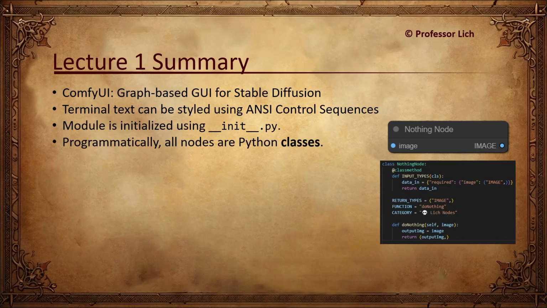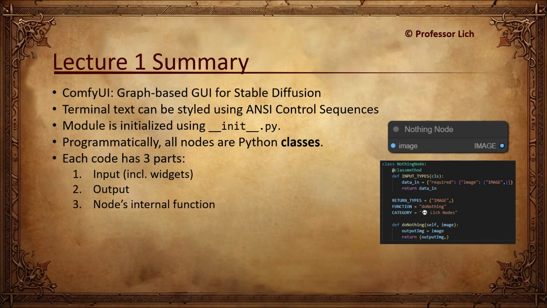Programmatically, we've seen that nodes are Python classes, and that they have 3 parts: the input, output, and a function. There could be other functions there, but there's only one main function. I didn't want to call it main just to avoid confusion, but it's the one that's declared under FUNCTION, the one written in all caps.